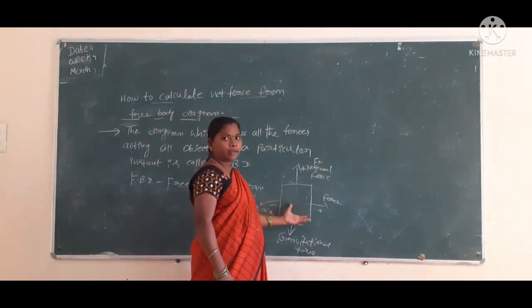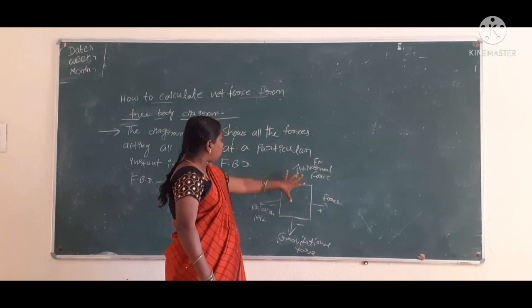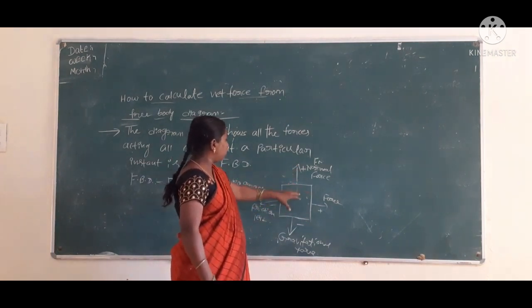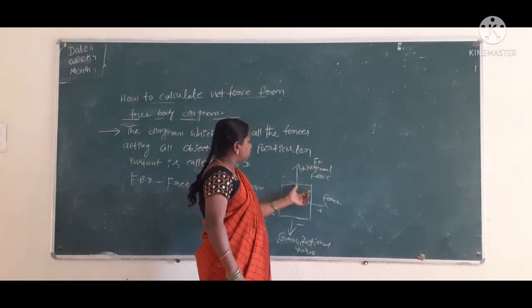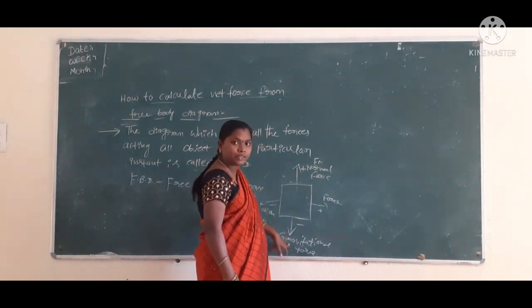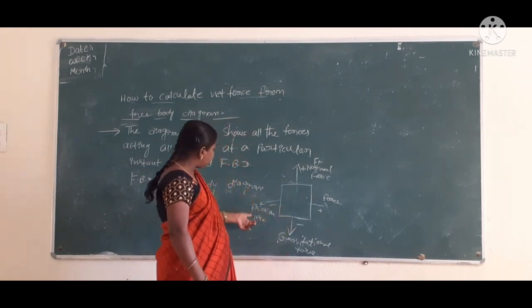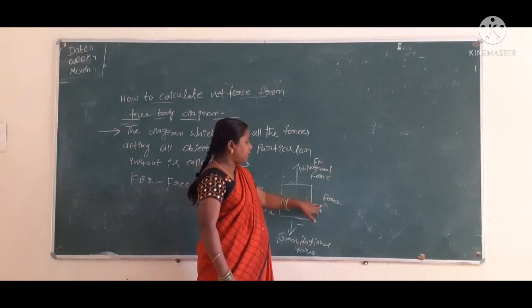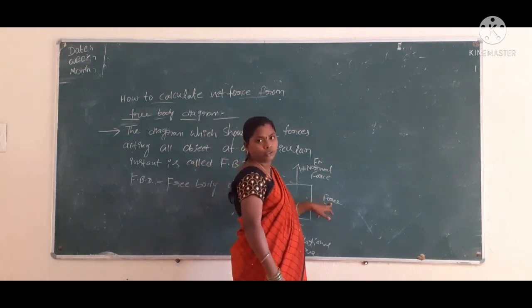In this diagram, four forces are acting: in the upward direction, the normal force; in the downward direction, the gravitational force; in the left direction, friction; and in the right direction, the applied force.